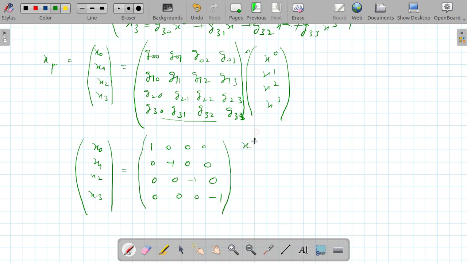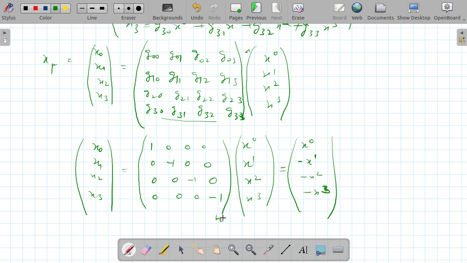Now it is multiplied by x0, x1, x2, x3, and this must be equal to x0, minus x1, minus x2, minus x3, because when these get multiplied, one is of order 4 by 4 and the other is of order 4 by 1. The number of columns in the first must be equal to the number of rows in the second, and the resultant will be a 4 by 1 order matrix.